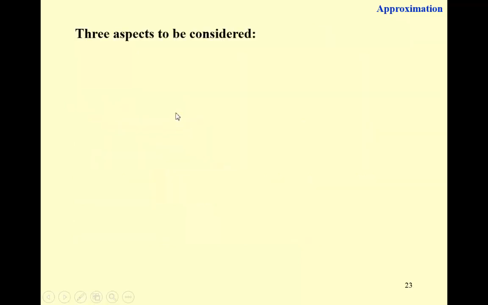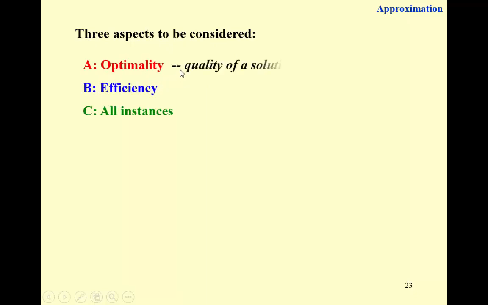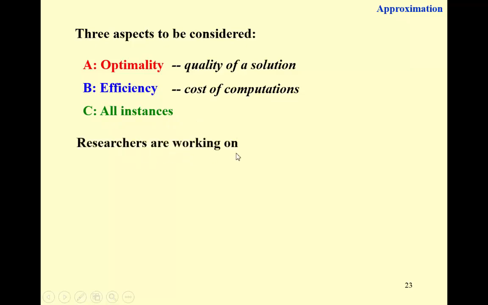Okay, finally, to summarize, there are 3 aspects to be considered. A is the optimality, meaning the quality of a solution. B is for efficiency, that means the cost of computations. C is about all instances, not some special cases. Okay, researchers are working on the following kinds of problems.